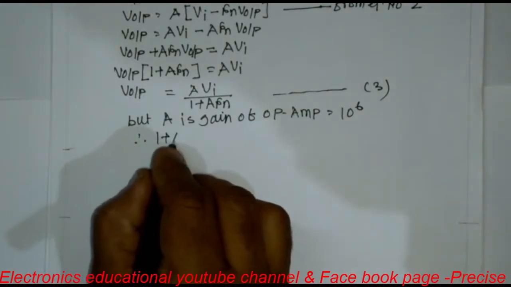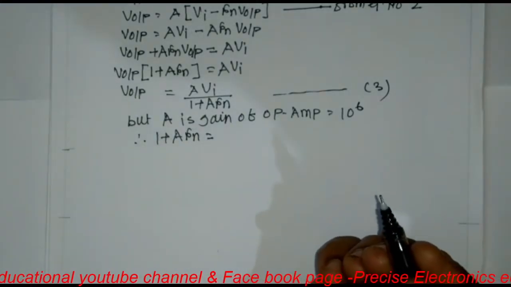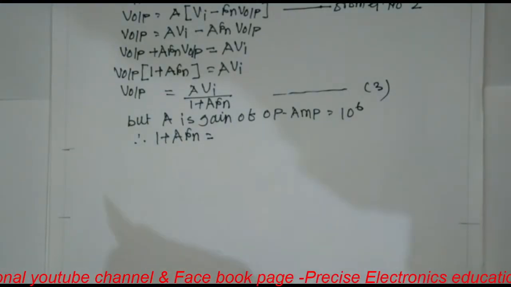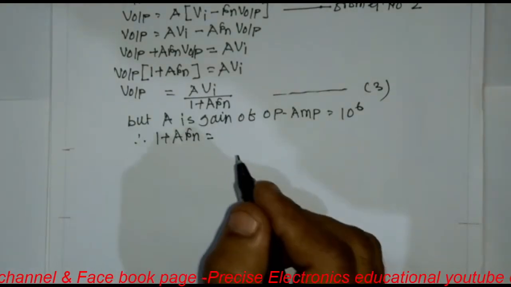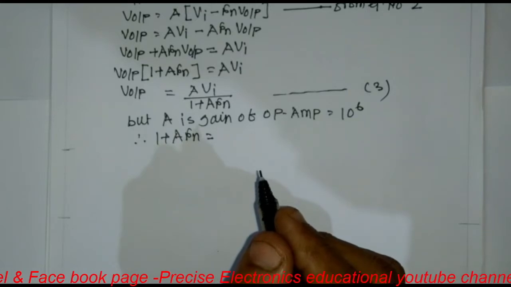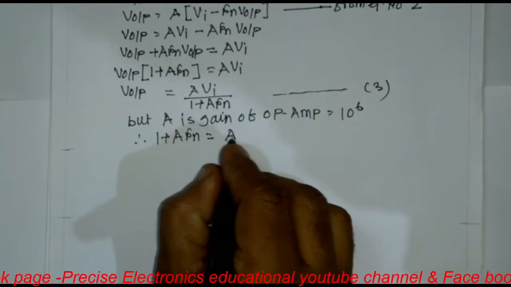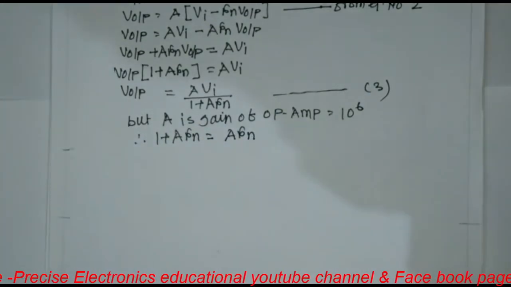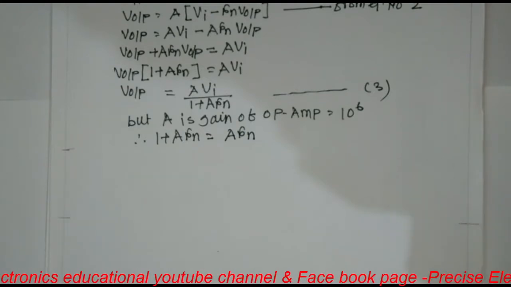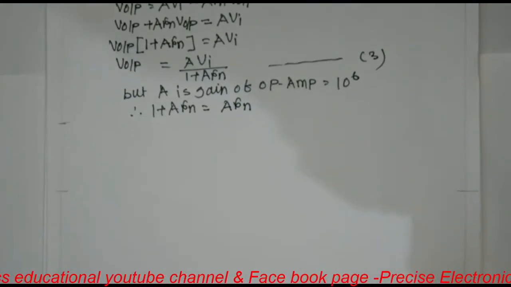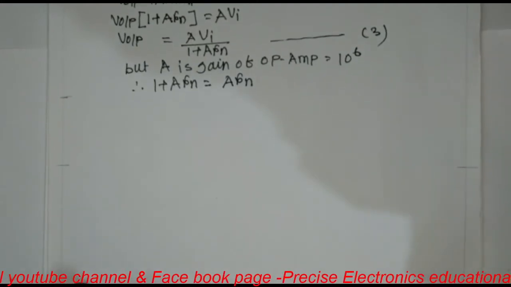Therefore 1 plus A Fn is equal to 1 plus 10 raised to 6, which is approximately 10 raised to 6. So 1 plus A Fn is considered as A Fn, because 1 is negligible. So we neglect that 1, and we get 1 plus A Fn equal to A Fn.